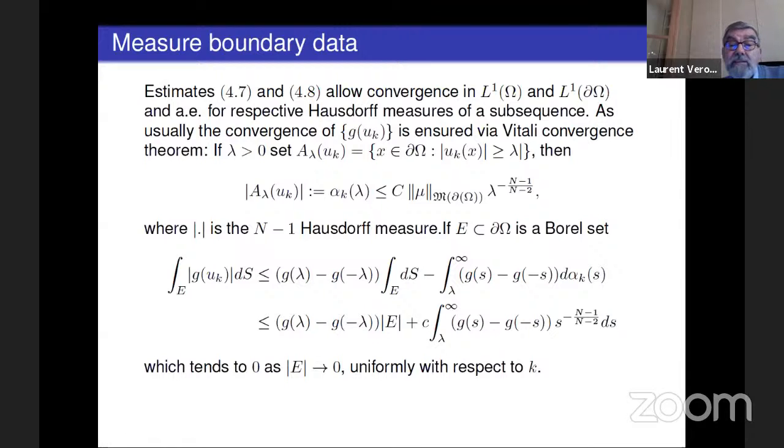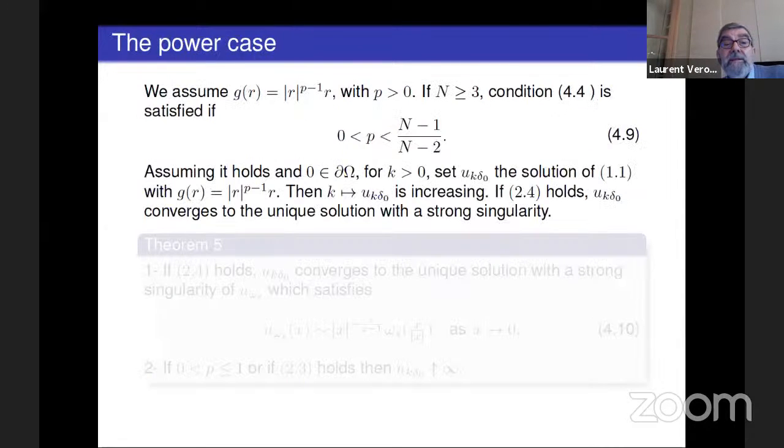And then, by integration by parts, you obtain this expression, and now you fix lambda so that this is small enough, epsilon over 2, and now you fix E so that this is smaller than epsilon over 2. So you have a uniform convergence.